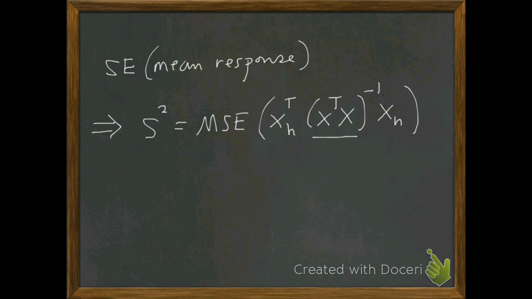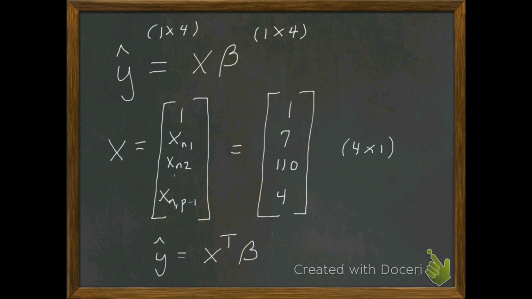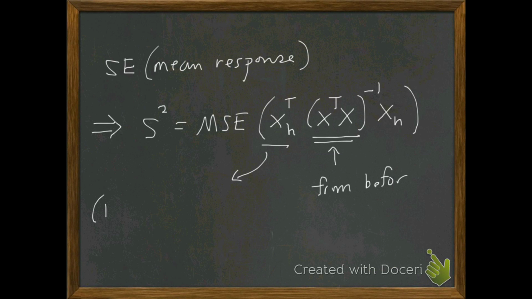Now remember, this is from before. And of course this is going to be our, I forget, what did we say, 7, 110, and 4. So let's calculate the standard error squared.